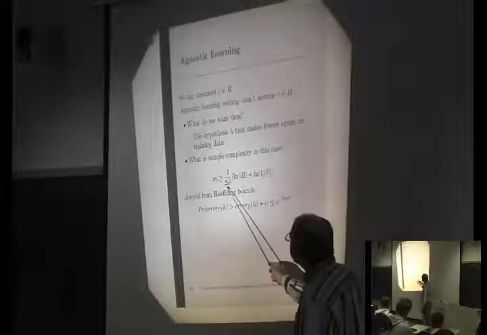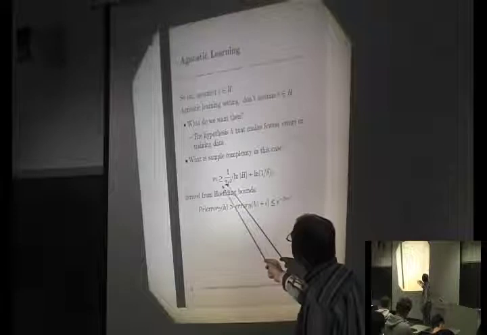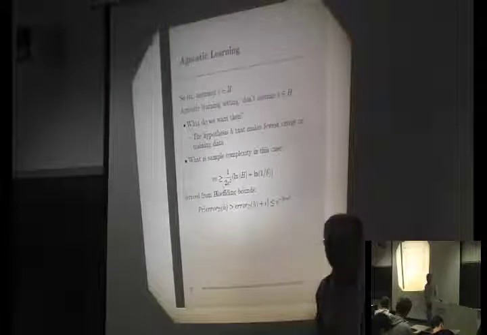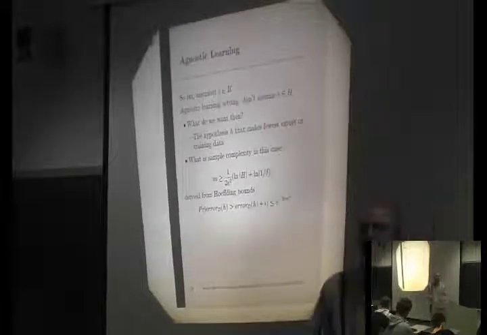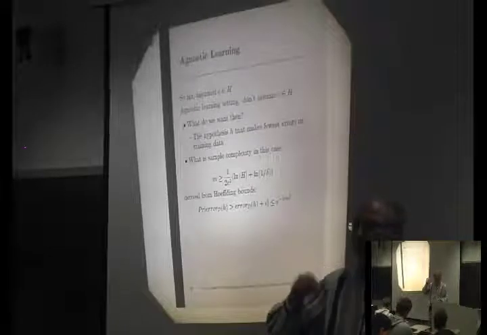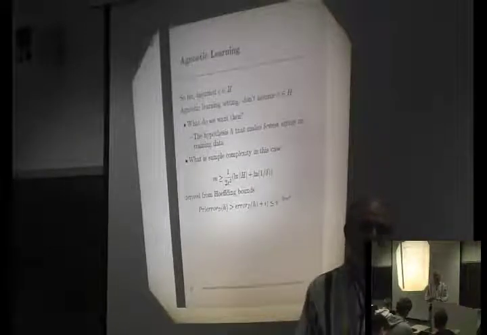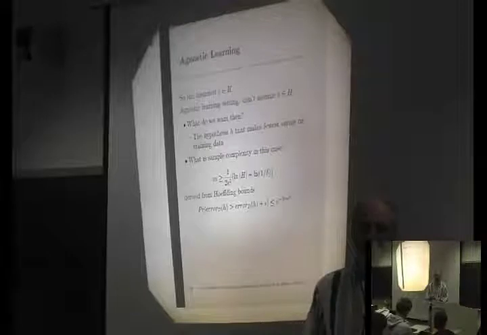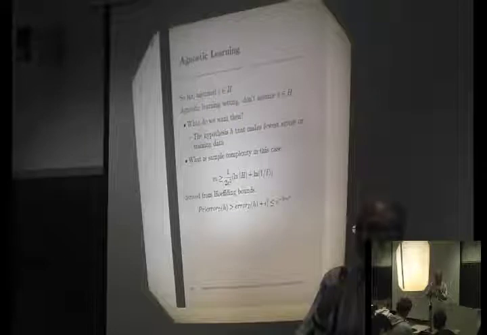There's some difference here. This is epsilon squared, and this is 2. So it is easier to bound the true error if you start from 0 error on the training set than if you start from some non-zero error on the training set. But if you have a non-zero error on the training set, if you want to bound the true error epsilon away from that, you'll need this many examples.